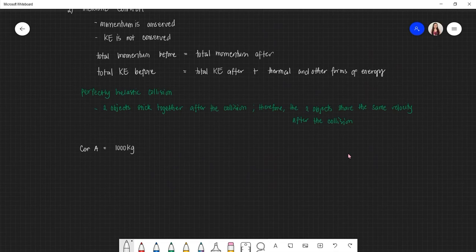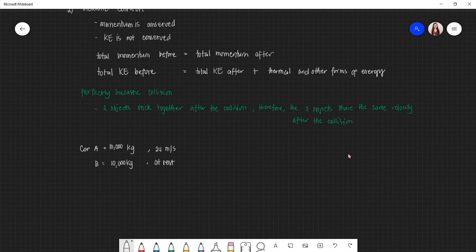It was traveling at a speed of 24 meters per second and strikes an identical 10,000 kilogram car B, which was at rest. The cars locked together as a result of the collision, and we were looking for the common speed afterward.